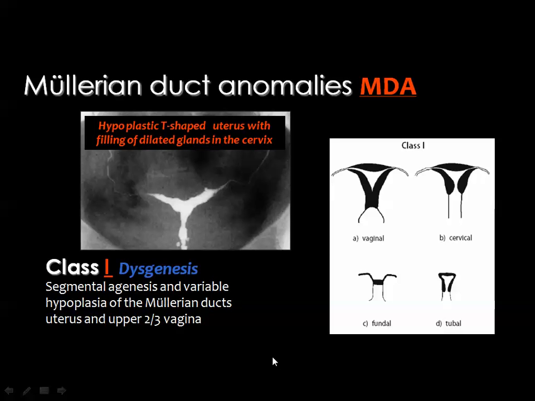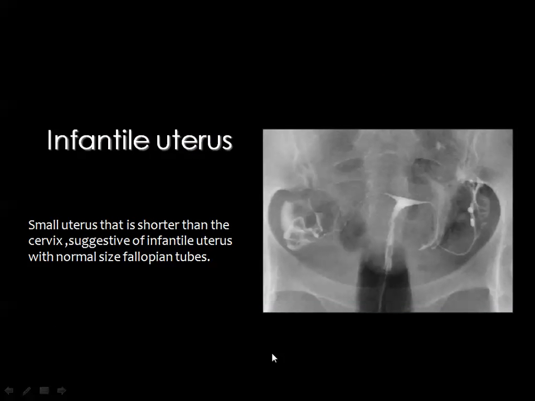And here you have agenesis or hypoplasia of the uterus, as well as the upper two-thirds of the vagina. You can see a very small size uterine cavity, but the tubes are present and they are patent with normal peritoneal spill, and this is through salpingogram.